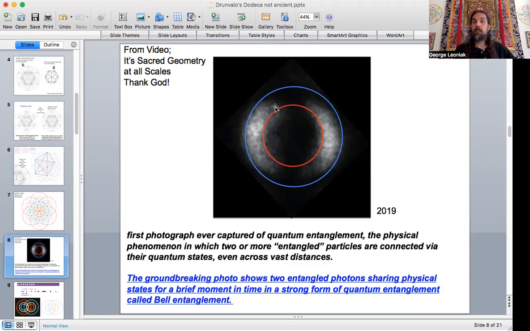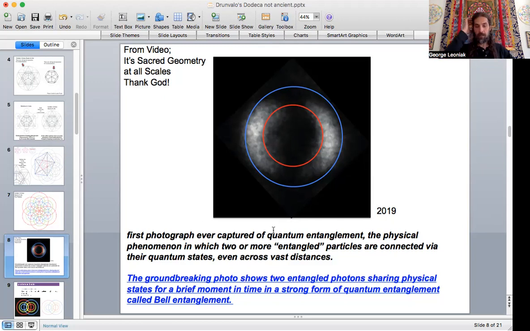I said the red circle seemed to fit in there, and this distance around here seemed to be the 0.618. If it's 1 to here, that would be 0.618 at the end, making 1.618. I said, geez, that's a pretty good fit.